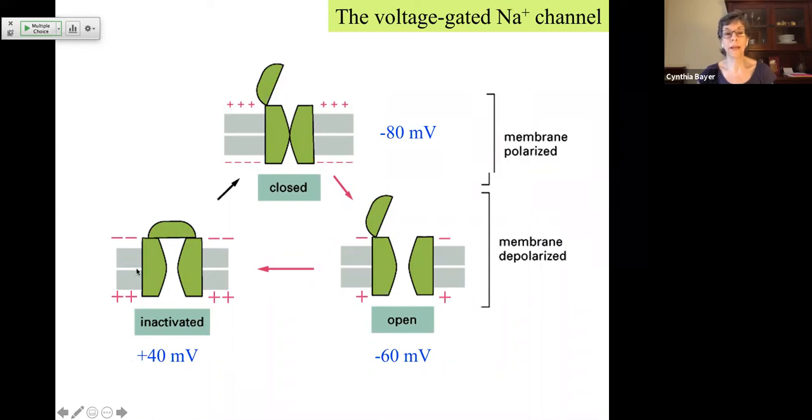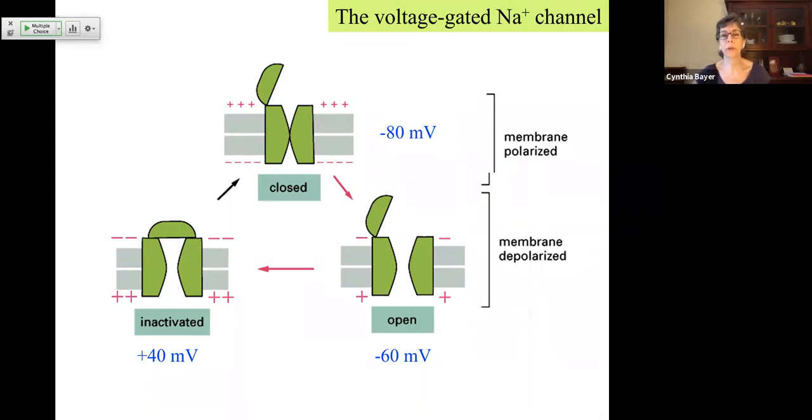At this state, the ion channel changes to a third conformation state, which we call the inactivated state, which means it can't open. And it actually has to wait until the membrane repolarizes, where we have negative charges inside relative to positive outside, where this ion channel then returns to its closed state.